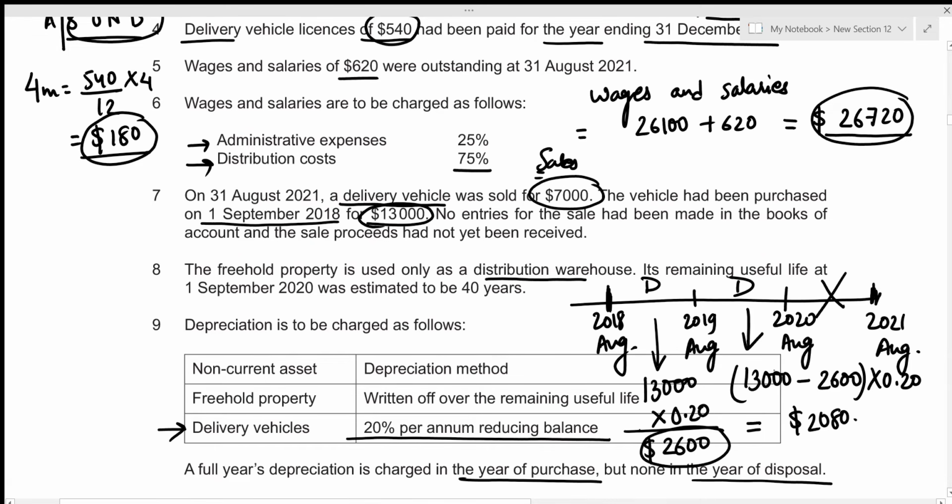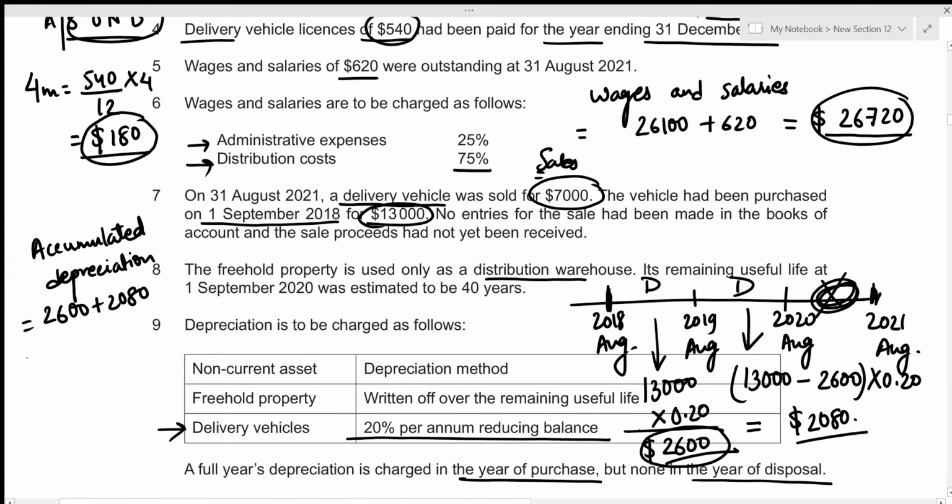Now the total accumulated depreciation for this particular year is just going to be 2,600 plus 2,080. Let's figure out the accumulated depreciation. So that's 2,600 plus 2,080, which gives the total accumulated depreciation to be 4,680.